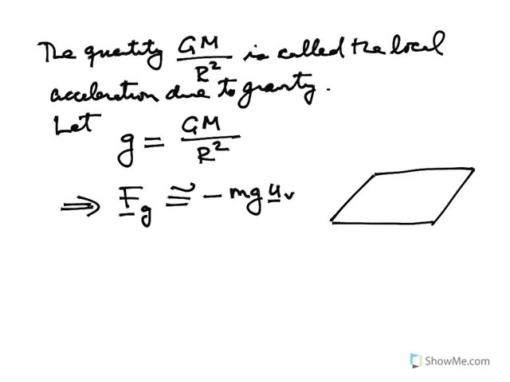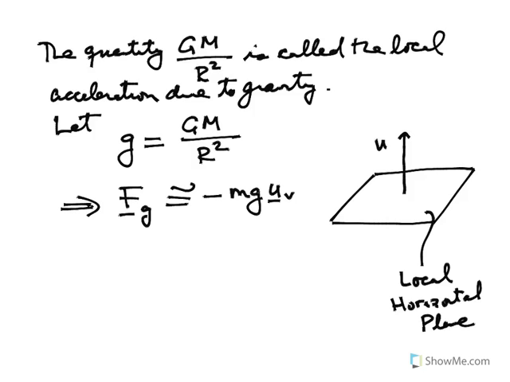When you're dealing with the Earth, there is the local horizontal plane, and we normally write that if this is the unit vertical, that mg acts in the direction opposite the local unit vertical.